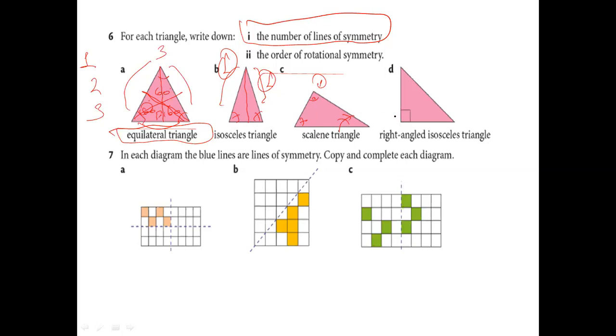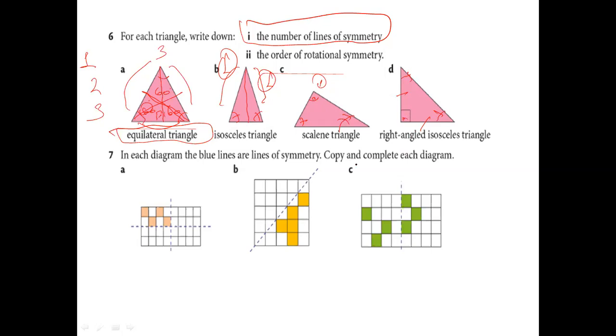And the last shape, right angled isosceles triangle. What does it mean? Right angle means at least one angle of this shape is 90 degrees. And isosceles means two sides are equal. That's why their angles are also equal. 45, 45 plus 45, 90, 90 plus 90, 180.